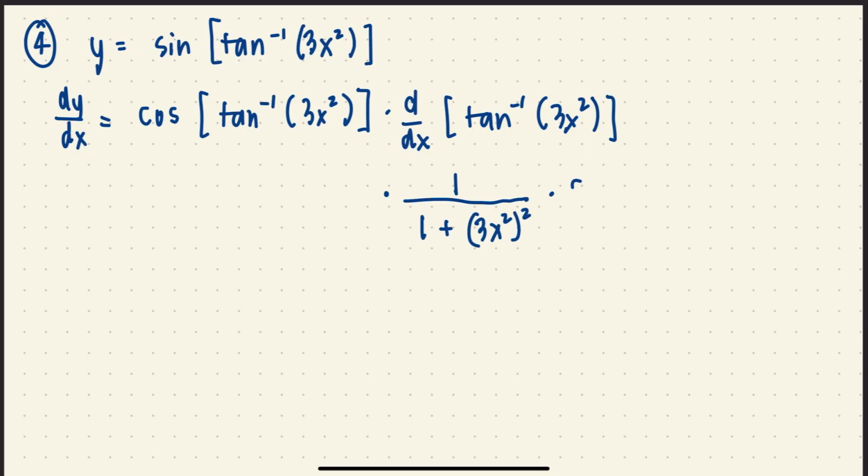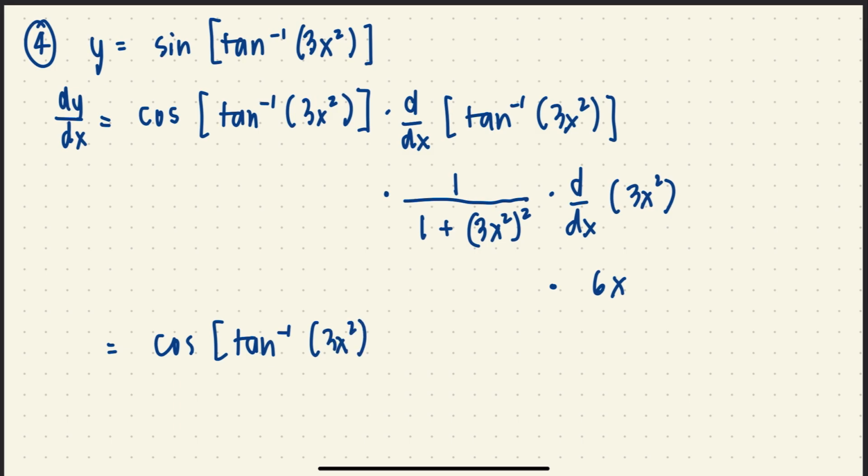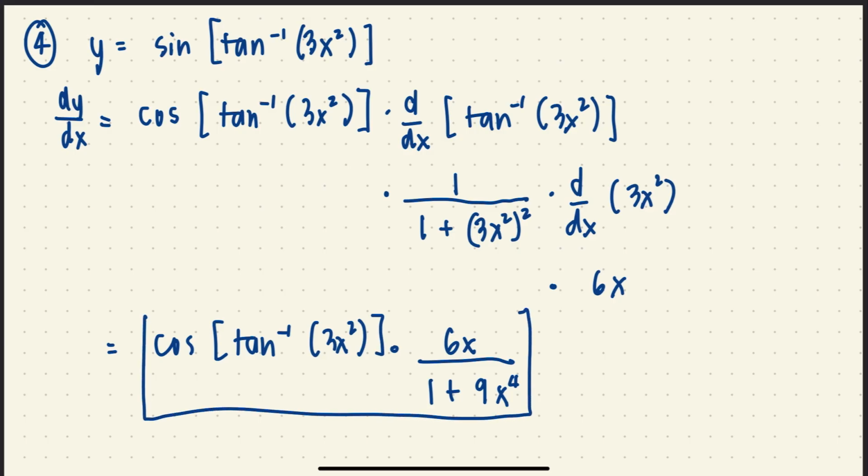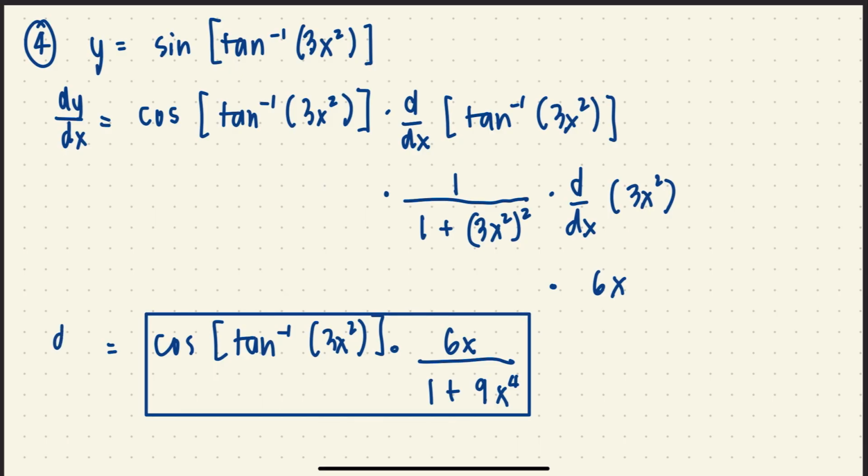And then you get the derivative of your u, 3x squared, this will be 6x. So just combine everything. This becomes the cosine of arctan of 3x squared times 6x all over 1 plus 9x raised to 4. This will be your derivative.